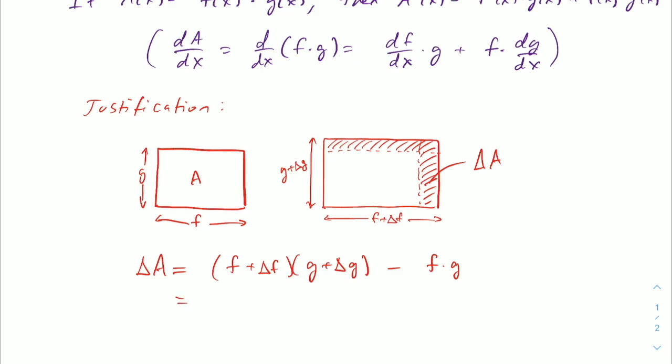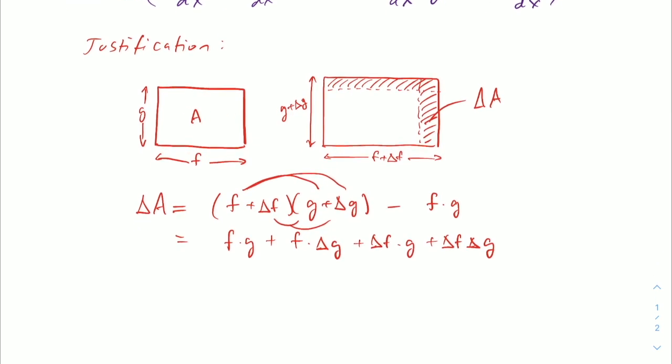If I multiply this out, I get f times g plus f times delta g plus delta f times g plus delta f delta g. And I'm subtracting f times g, so rearranging slightly, this gives me delta f times g plus f times delta g plus delta f delta g.